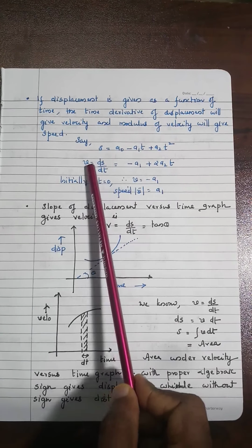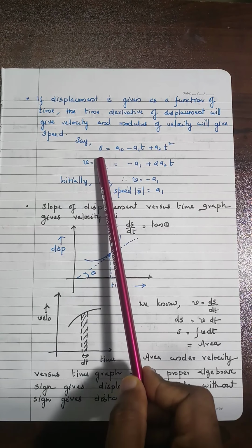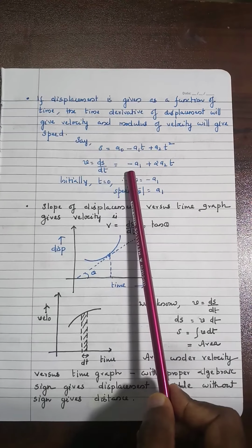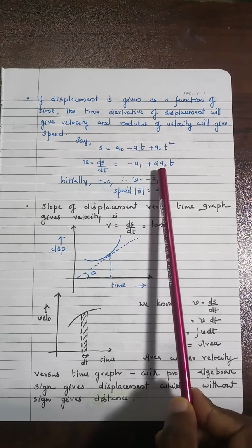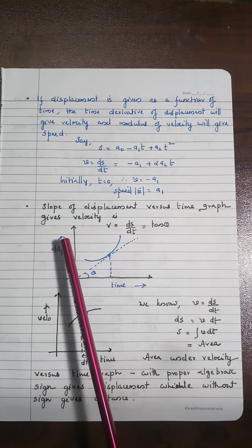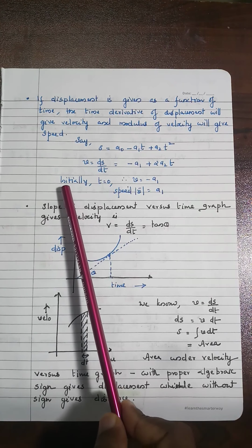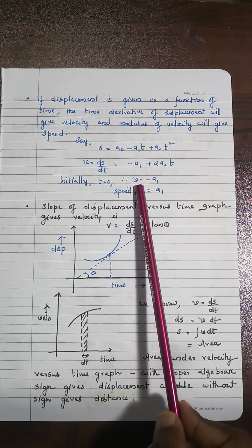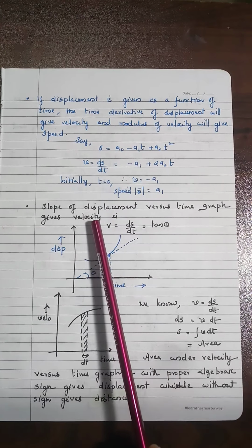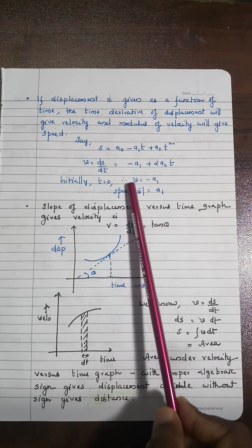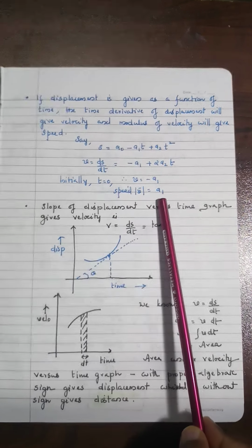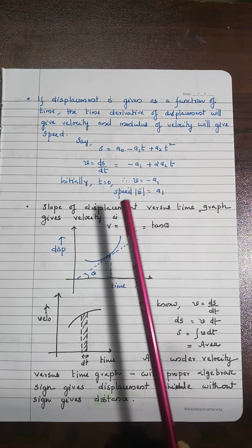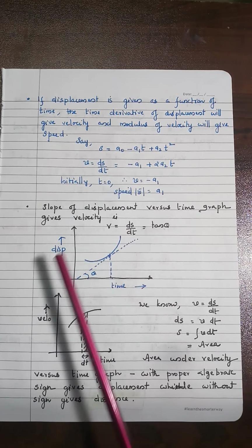Then we can find the velocity as the first differential of displacement, which is equal to minus a1 plus 2a2t. If we take t equal to 0, we get the value minus a1. But the instantaneous speed becomes the plus value a1, the modulus of velocity.